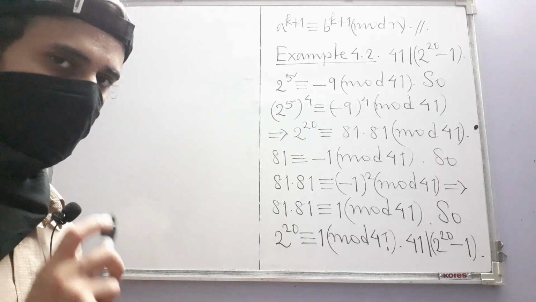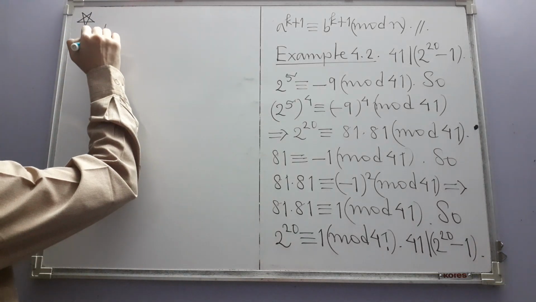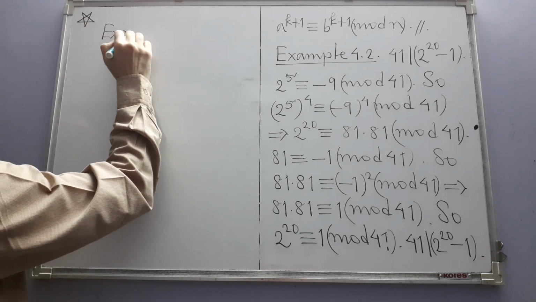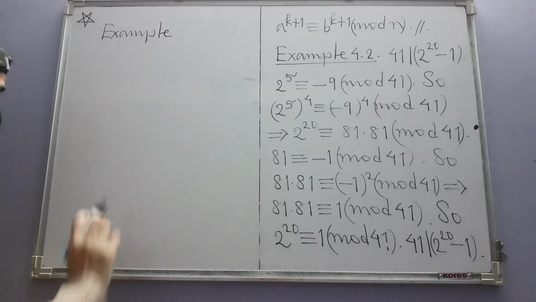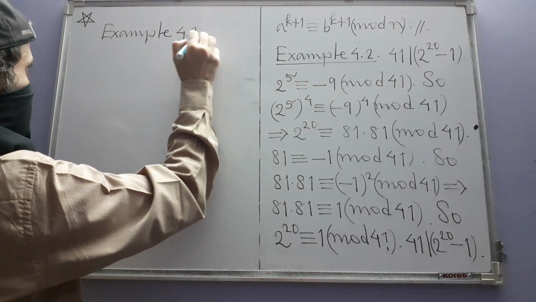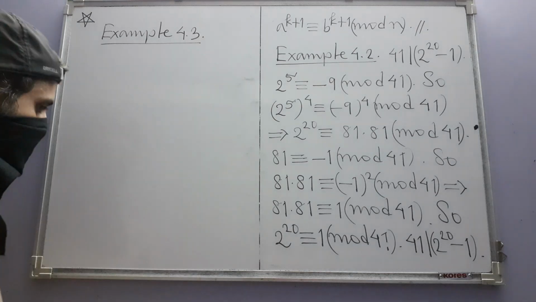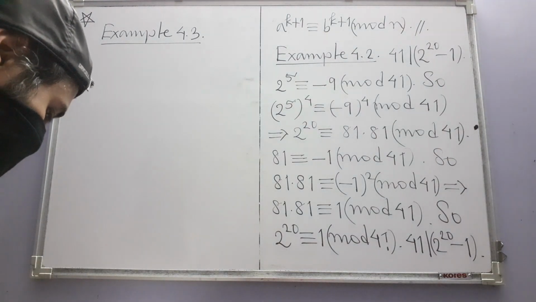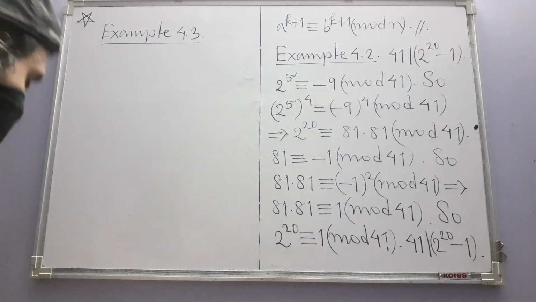And next comes one more. And this one is really, really large. I mean, if someone adamantly doesn't want to use congruences, then it's next to impossible.